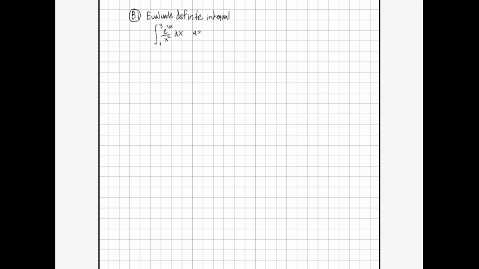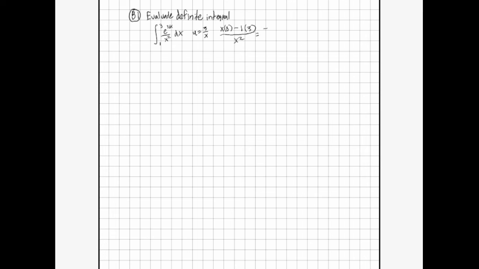When u is 3 over x, I need to find the derivative, so I use the quotient rule. So x times the derivative of 3, which is just 0, minus the derivative of x, 1, times just 3, over x squared.